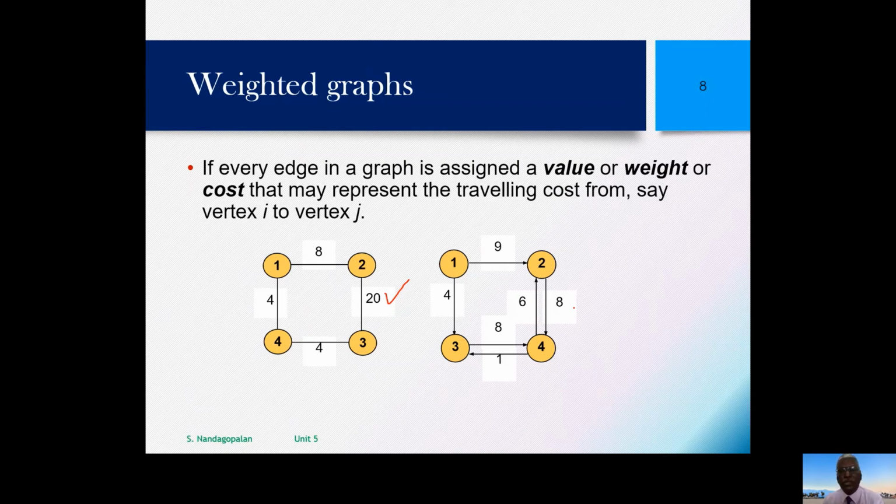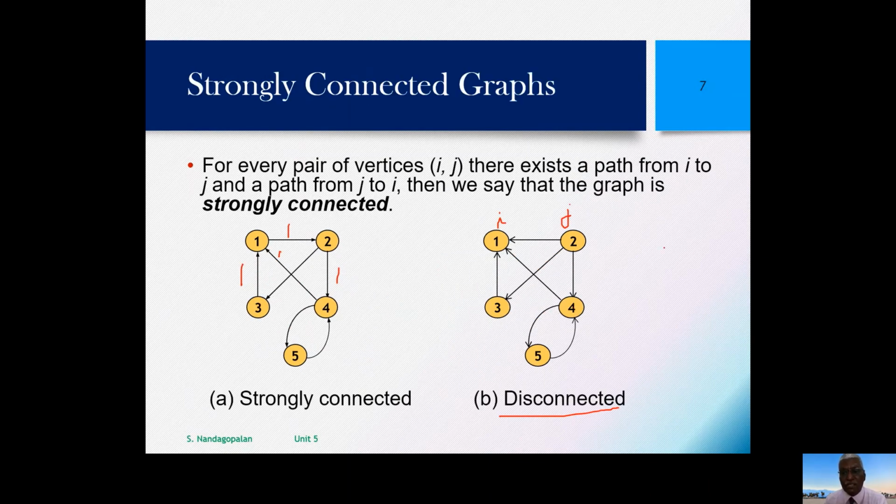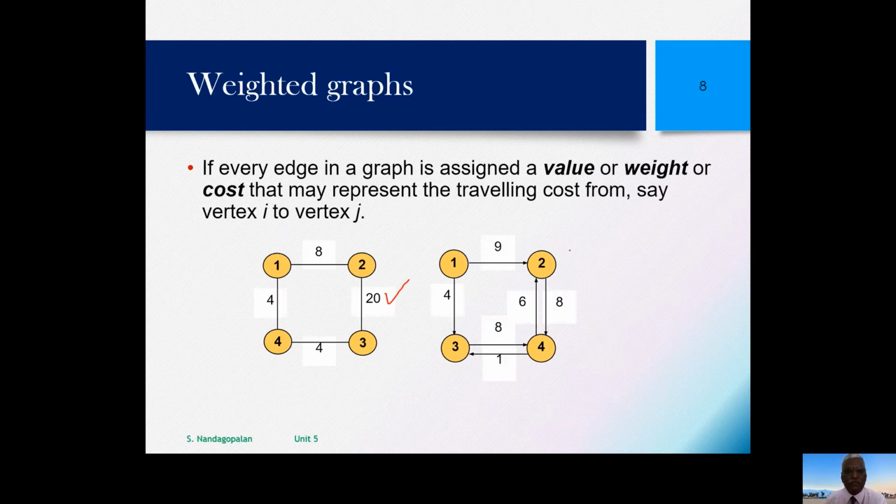So the weighted graph means that we have some weight, some value, some number which is attached to each edge. On the other hand, if you don't attach anything to the edges, we can consider that it is one unit. That's it.